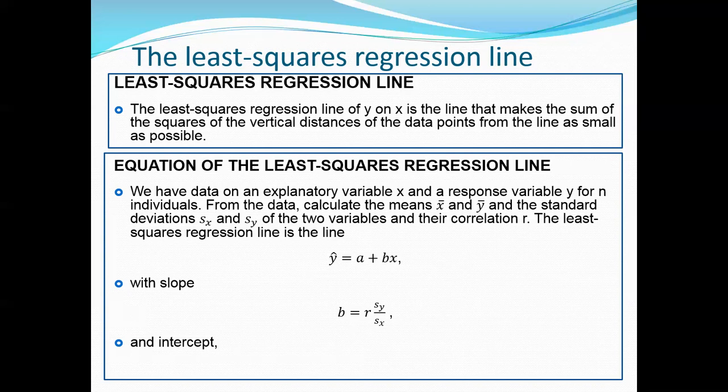The least squares regression line is the line y hat equals a plus bx with slope b, which equals our correlation r times the ratio of the standard deviation of y over the standard deviation of x. So the change in y over the change in x. And the intercept is a, which equals the y average, y bar, minus b times the x average, or x bar.